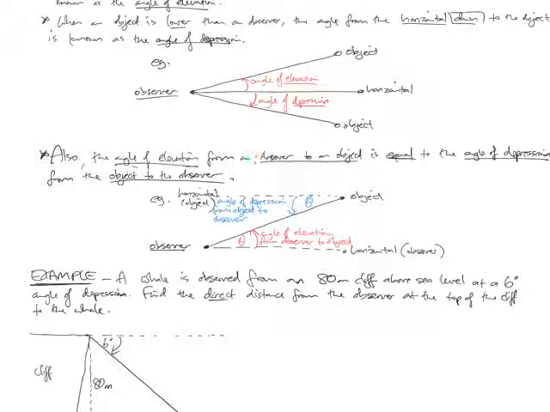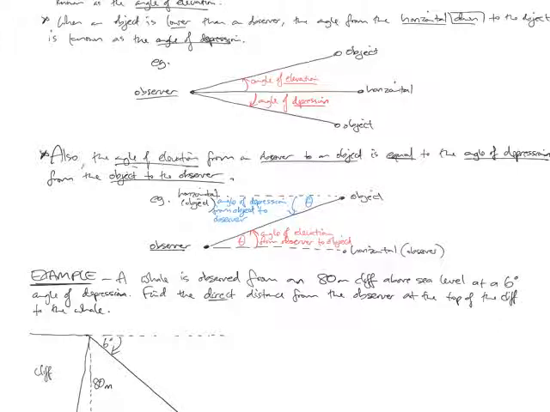So if an observer is looking up towards an object, there's going to be an angle of elevation. But if you're looking from the object's perspective down towards the observer, the angle of depression from the object to the observer is going to be the same as the angle of elevation from the observer to the object. So I can sum that up with this diagram here. Here's the observer, looking up at an object, so there's an angle of elevation.